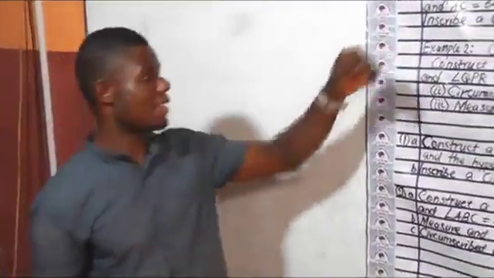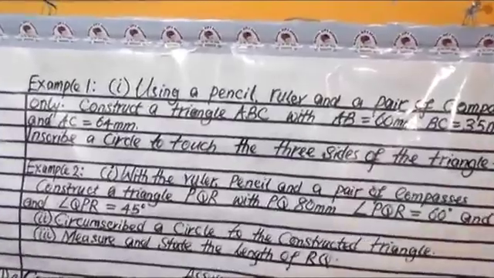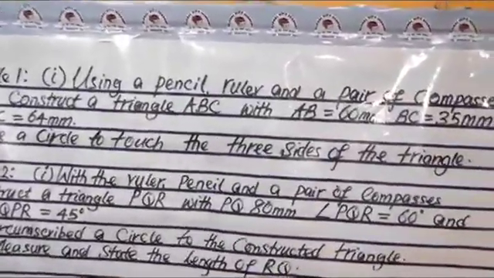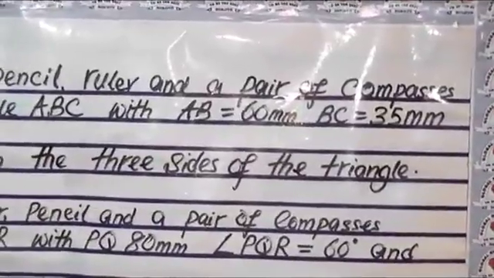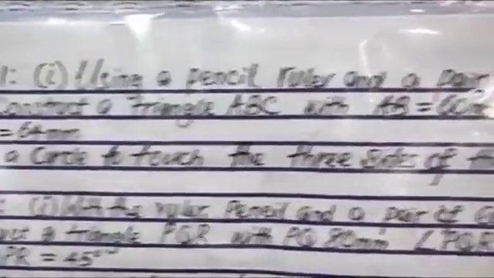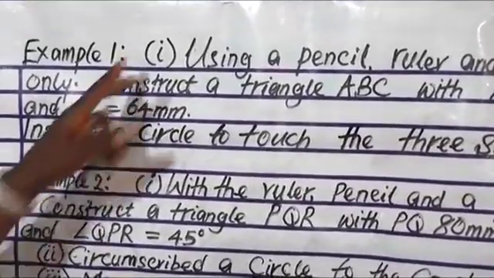Alright, the first one says, using a pencil, ruler, and a pair of compass only, construct a triangle ABC with AB 60 mm, BC 35 mm, and AC 64 mm. And that is just one part of the question.